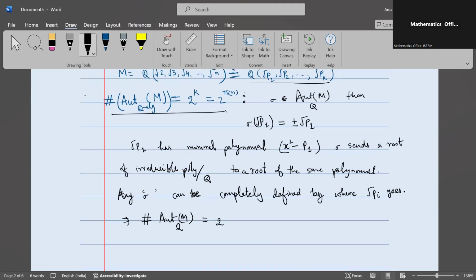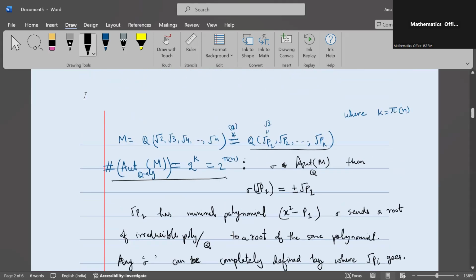For k primes, for each prime we have two choices, so there are 2 to the power k choices of this kind of automorphism sigma. So this is our cardinality.